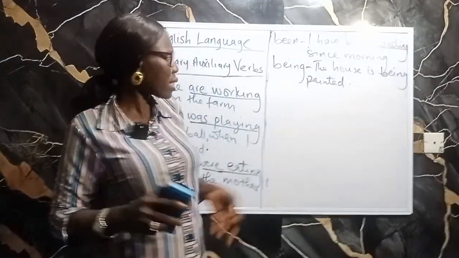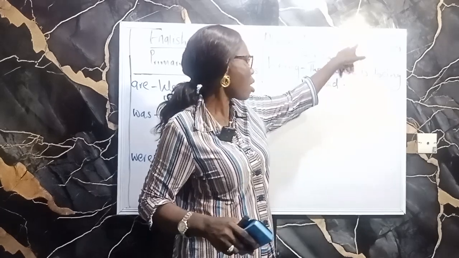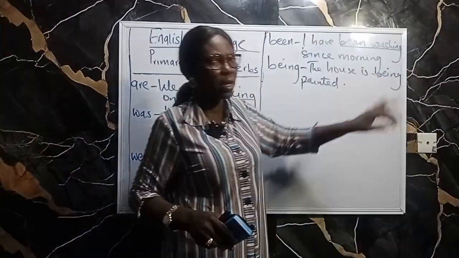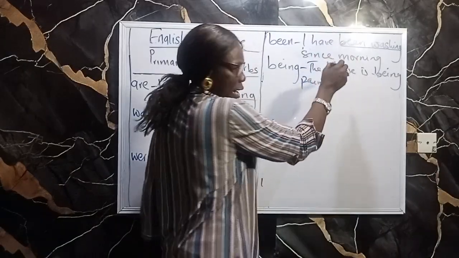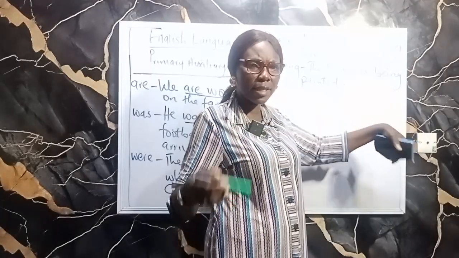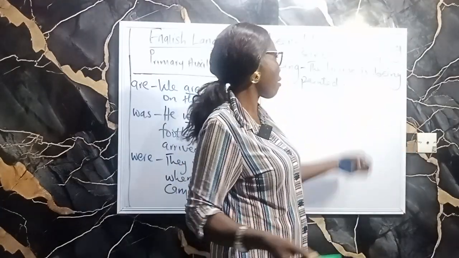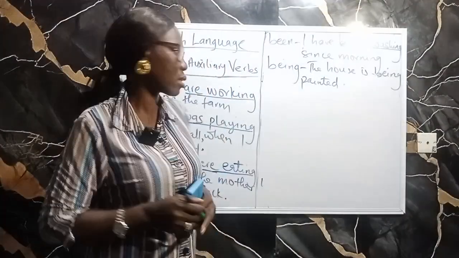You see them using being when they're supposed to use been, or using been when they're supposed to use being. The difference is that we usually use have or has or had for been. But when it comes to being, you can use is, are, was, were for it. So take note so that you don't make that mistake.